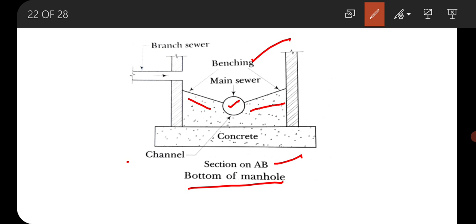and if sewers meet at the same level in the bottom of the manhole, then the channels connected with each other will have to be constructed. So this is the branch sewer and this one is the main sewer.